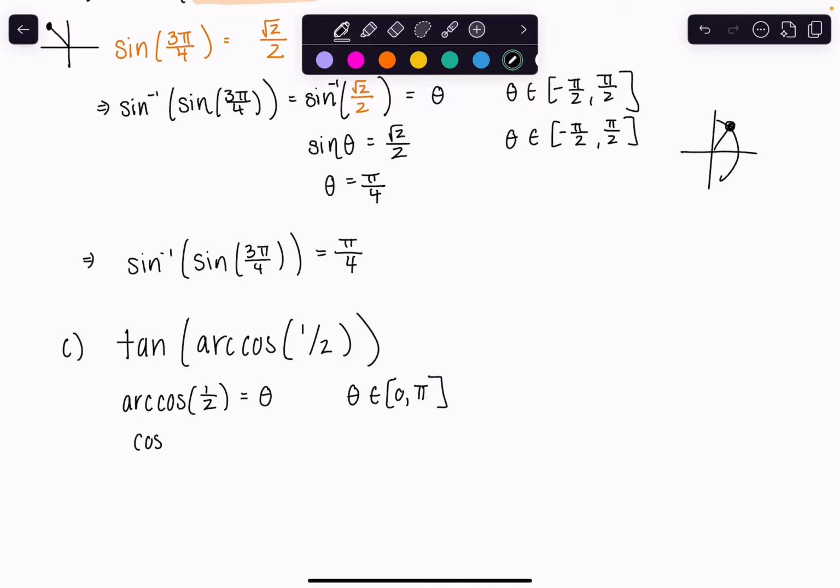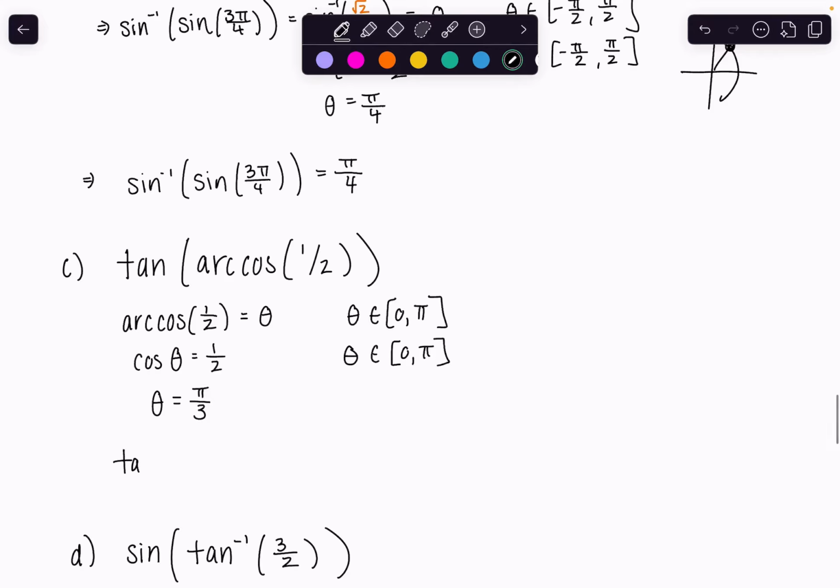That's the same thing as asking, where does cosine of theta equal half when theta is in the interval from 0 to pi? That's going to be at a 60-degree angle. Cosine's positive, so that's in quadrant 1. My theta value is going to be pi over 3. Okay.